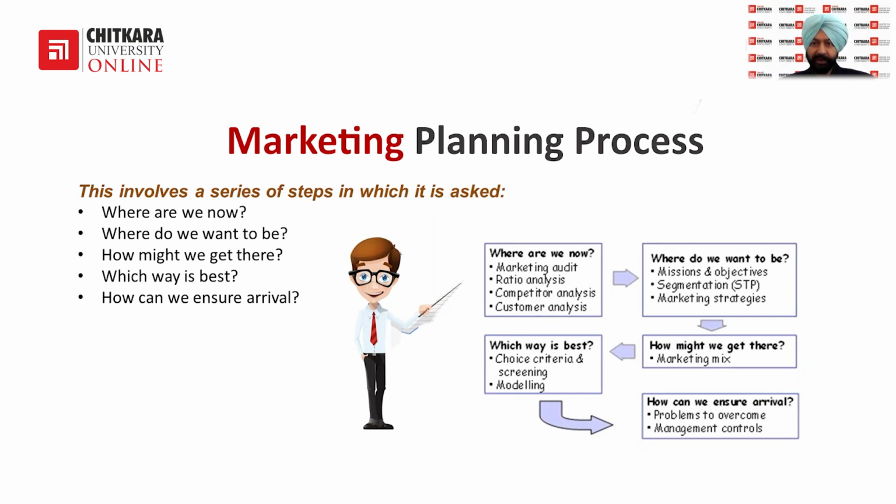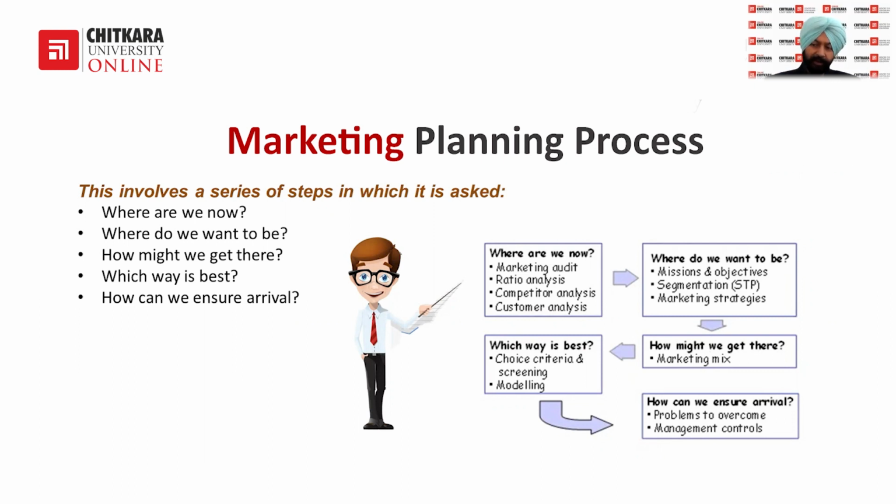They also try to look at where they want to be, what their mission and objective is, what kind of segmentation, targeting, or promotion they need to have in place, and what marketing strategies they need to work on. I talked to you about the marketing mix in terms of product, pricing, place, and promotion.